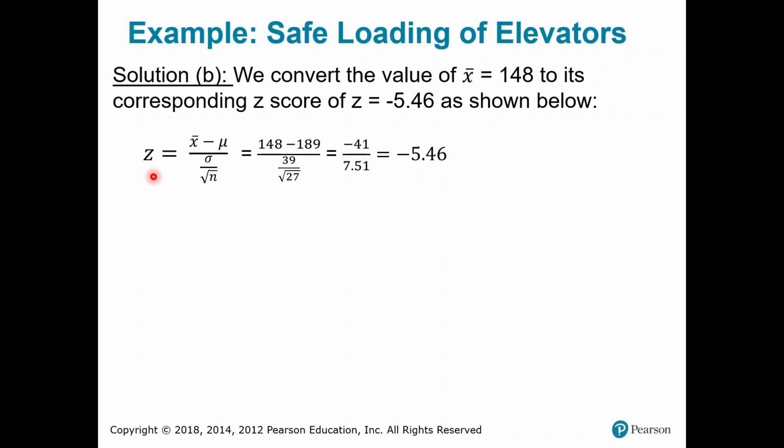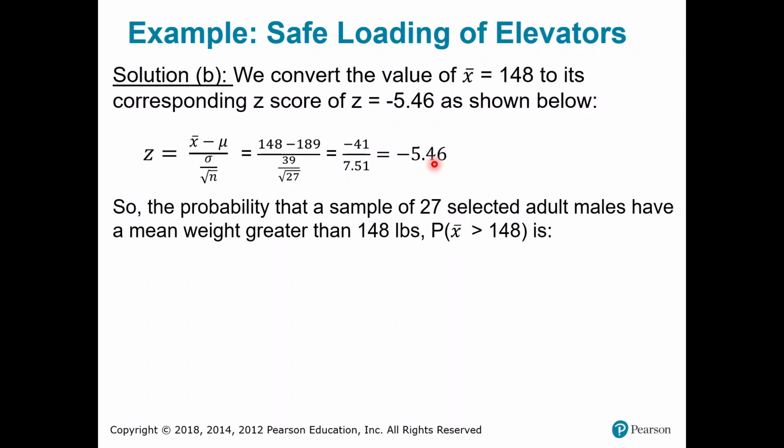We use the formula z equals x bar minus mu divided by sigma over the square root of n. And so we know everything. We know x bar, we know mu, we know sigma, we know n, plug it in, and then we get z to be negative 5.46.